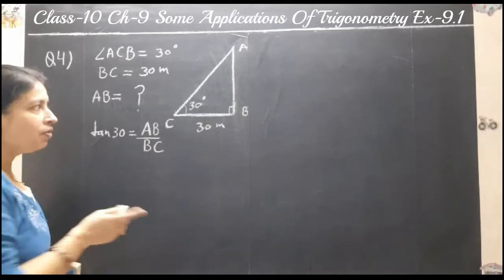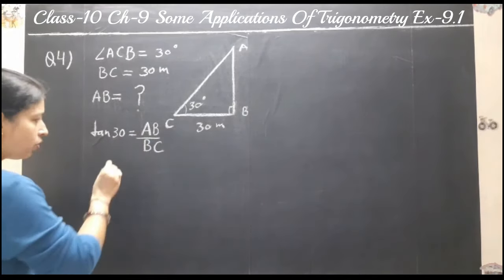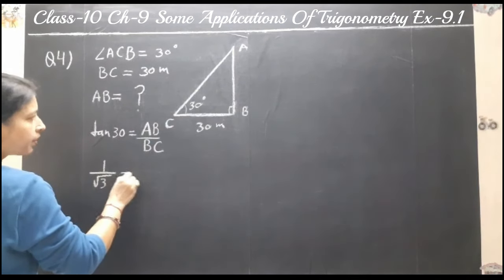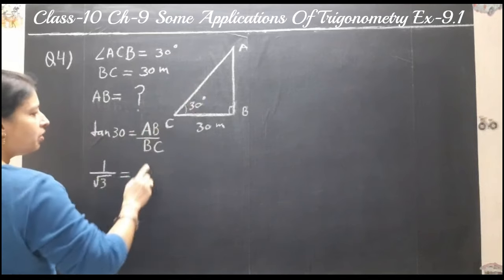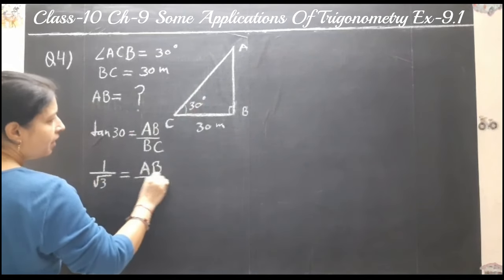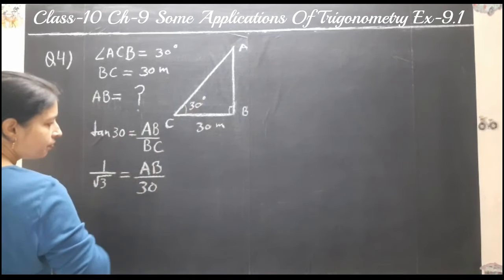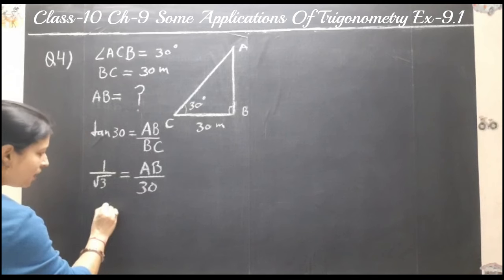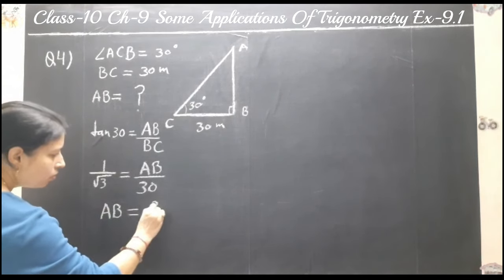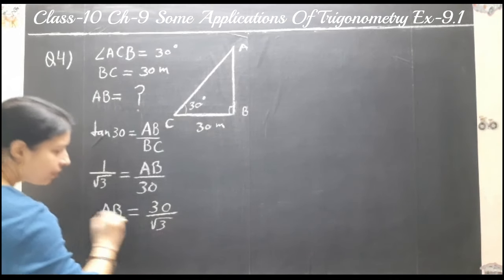Now put the value of tan 30. Tan 30 is equal to 1 by root 3. So write here 1 by root 3. AB is not given, so write AB is equal to AB. And BC is given 30 meter, so write here 30 meter. Then do cross multiplication, we get AB is equal to 30 divided by root 3.